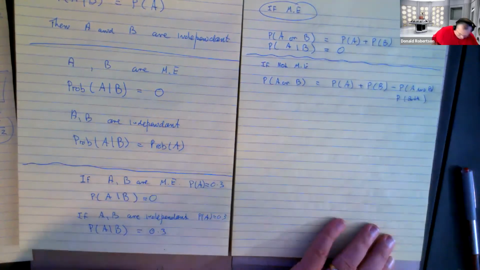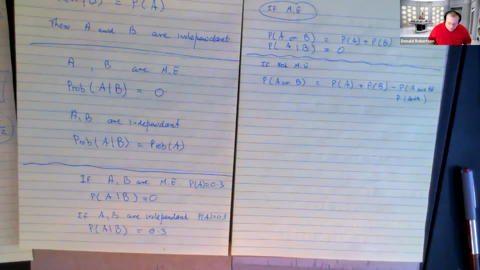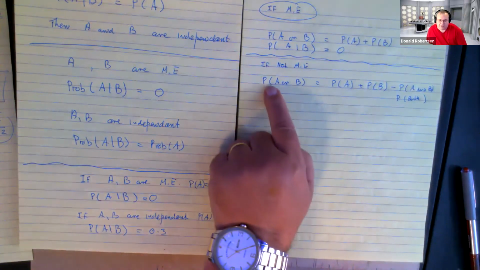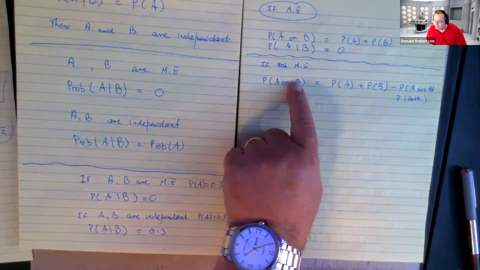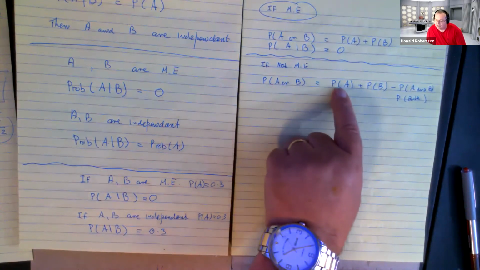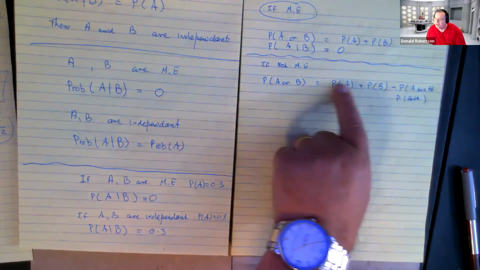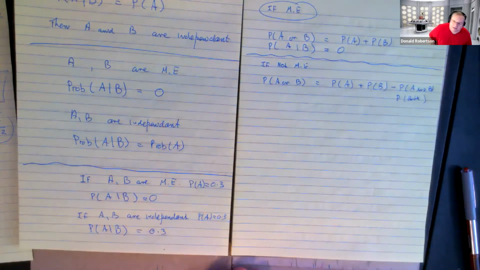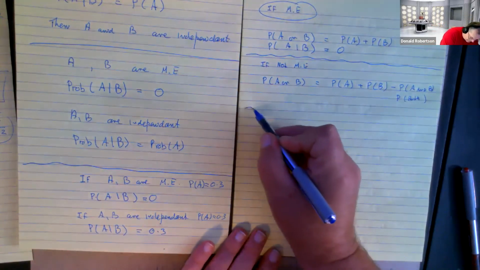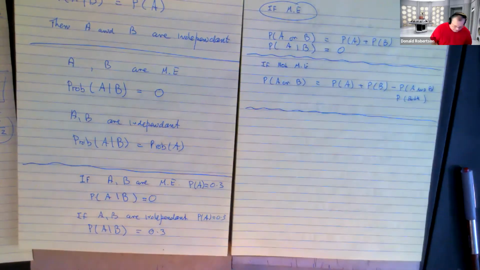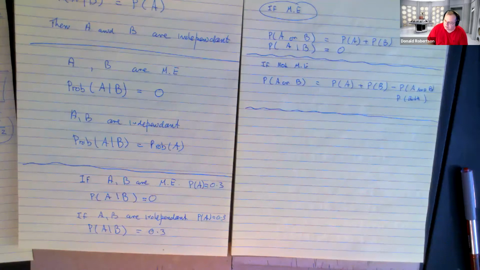Right. So when we did the card one, didn't we have kings or red? And so that would be the kings, the red, take away the red kings. That's what that would look like. Okay, are we cool with that?